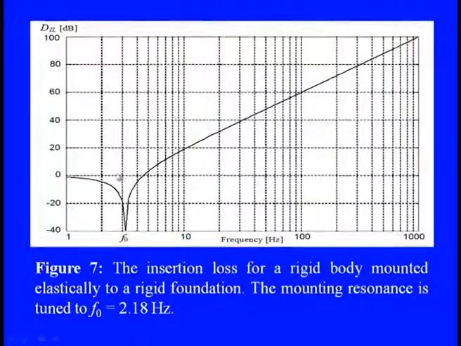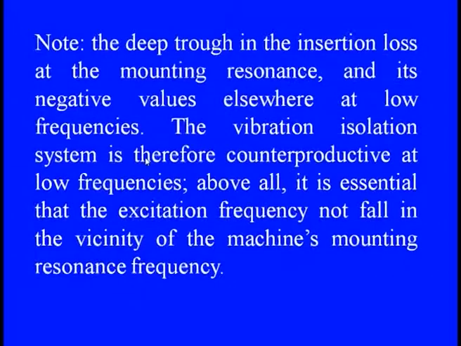So, this diagram clearly shows how the insertion losses vary at the lower frequency, at the resonant frequency and at the higher frequencies, along with the mounting resonances. The dip in the insertion loss at the mounting resonance, its negative value, is clearly shown between the lower frequencies, and the vibration isolation system can be counterproductive at low frequency.